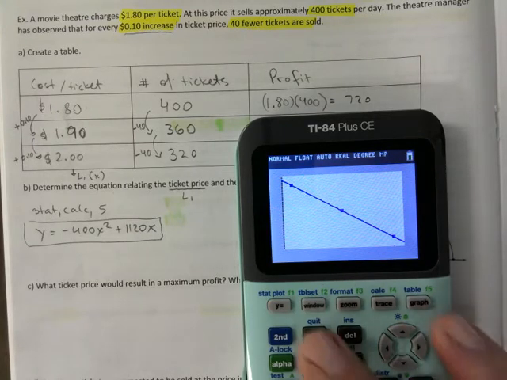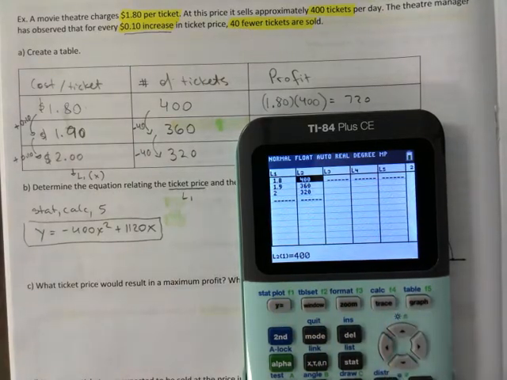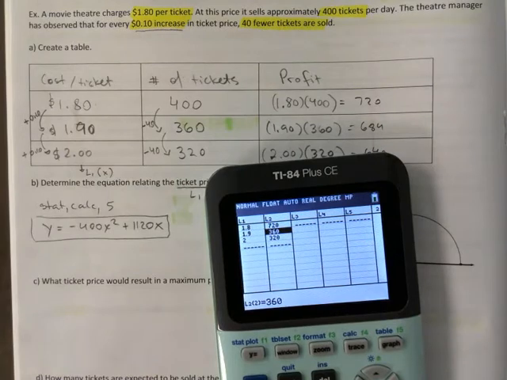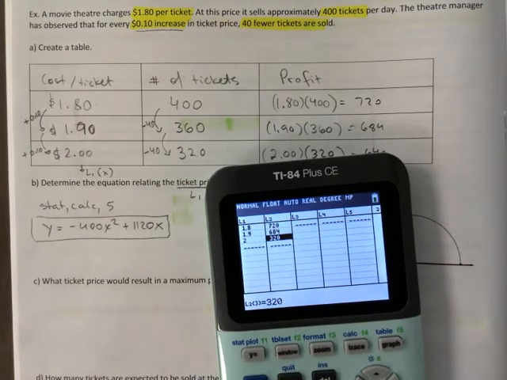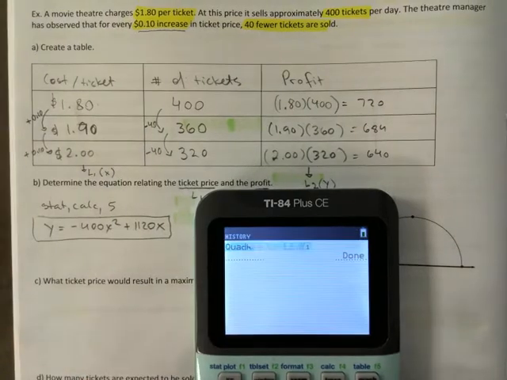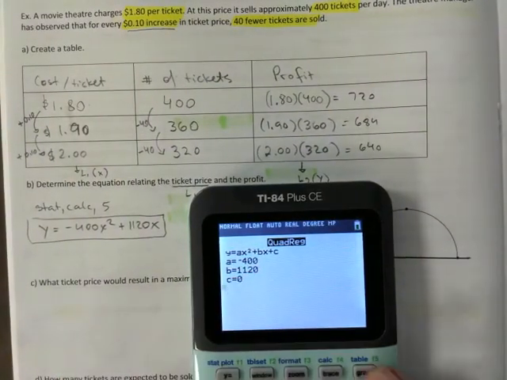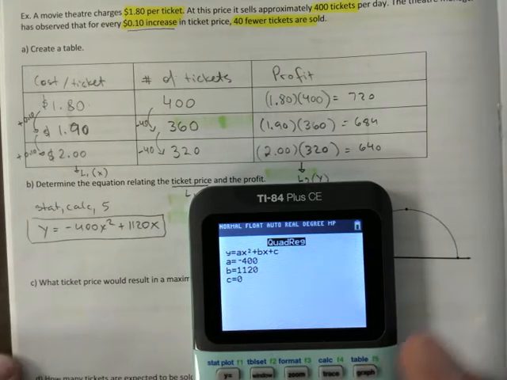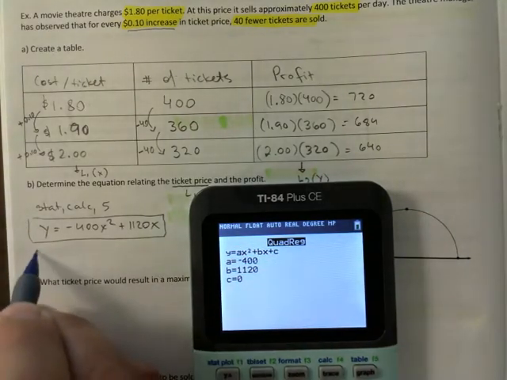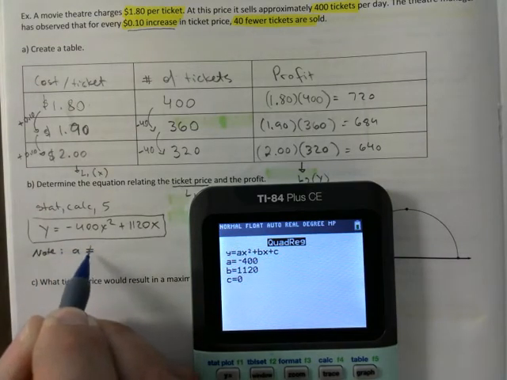So I don't want that. So I'm going to fix that quickly. And I'm just going to type in actually the values. Do that one more time. There we go. That's better, right? A is not equal to 0. You want to write that down. Note, A cannot be 0.